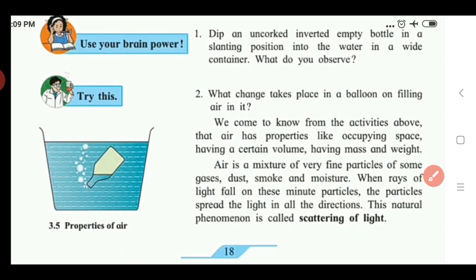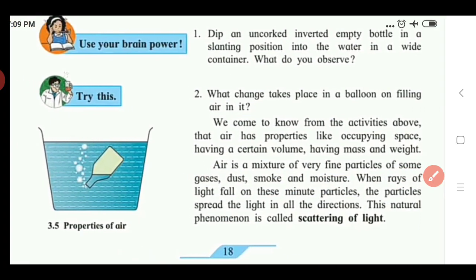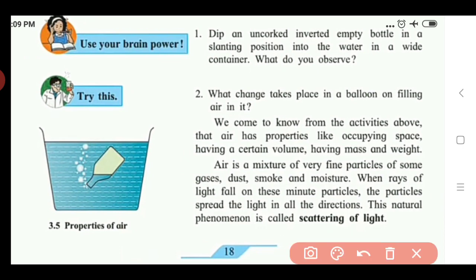During the daytime, the rays of light, either sunlight or ordinary light which is used at our home. Okay, so when the rays of light fall on this minute particle, what happens? When rays fall on it, the rays don't go in this direction. This particle scatters these rays in various directions.